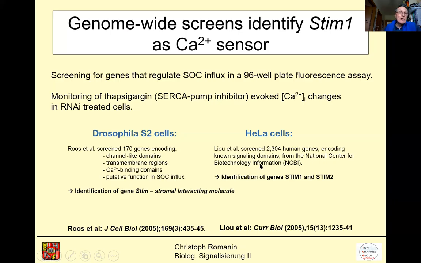Of course, you cannot do these experiments usually by electrophysiology, because then you have a lot of cells to patch, control cells and cells treated with these specific siRNAs. That will not work. So whenever you have many, many test samples to approach, you need to study for an effect of siRNA in terms of suppression of this CRAC channel machinery, and you have to go to fluorescence methods.